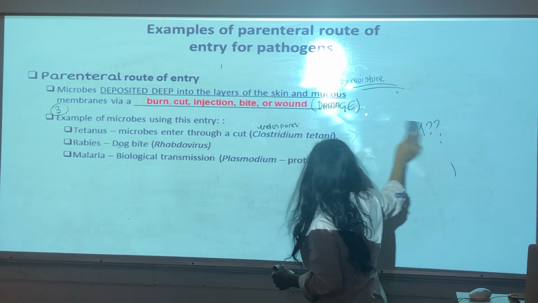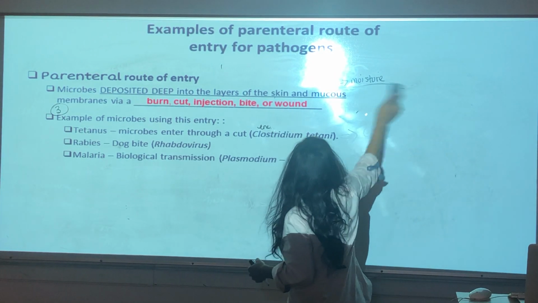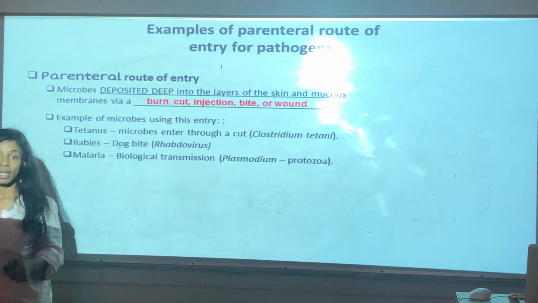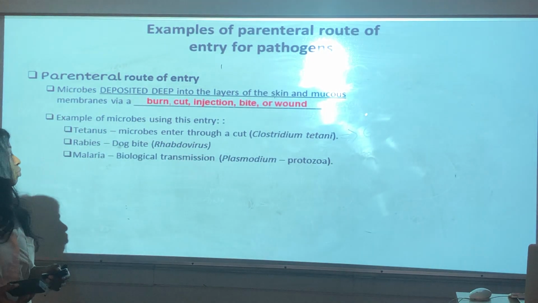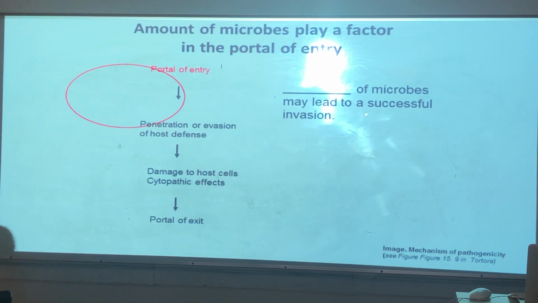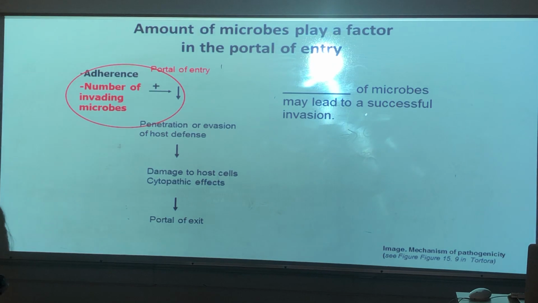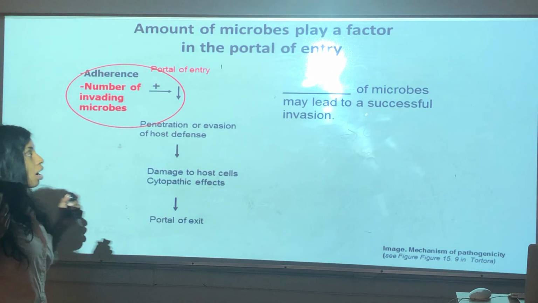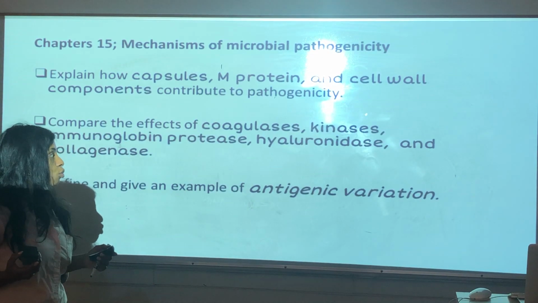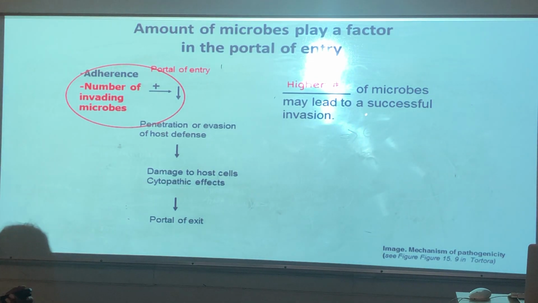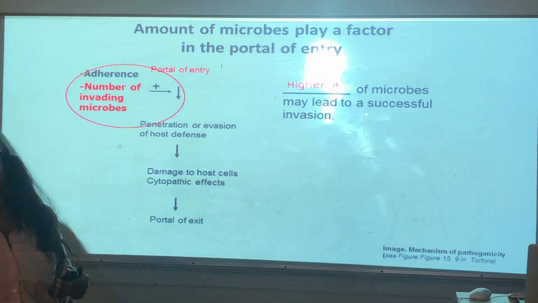All right, so again, the foreign invader must attach to a certain site to get in. And once it attaches, the other component that is necessary for the portal of entry is that there has to be a high number of microbes. The more microbes that enter, the greater chance that they will survive in the body.